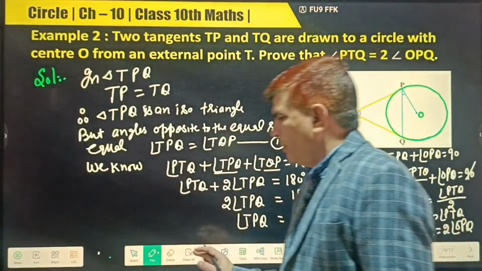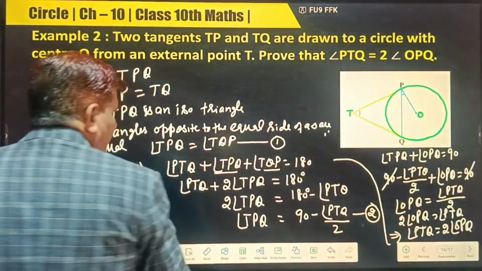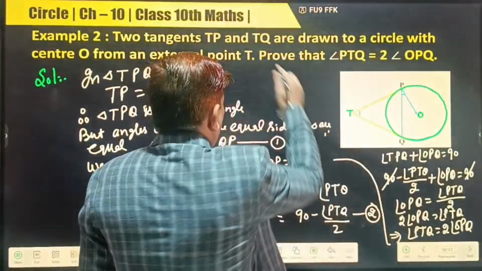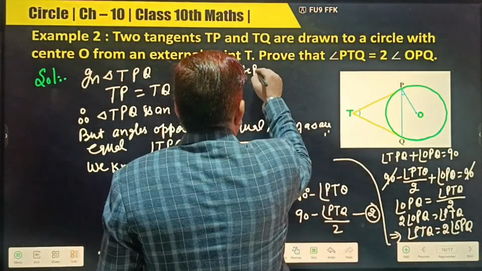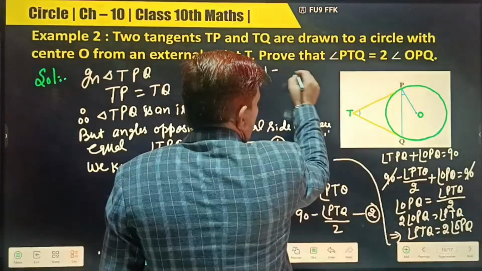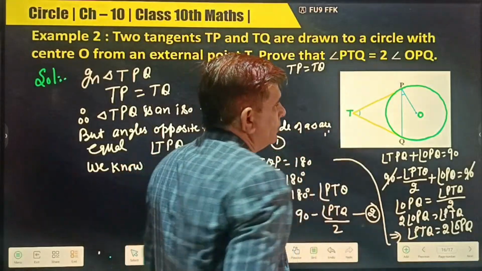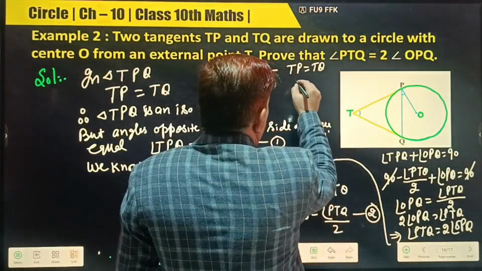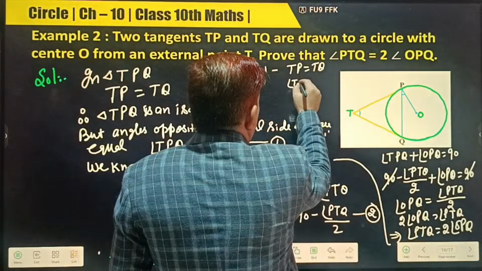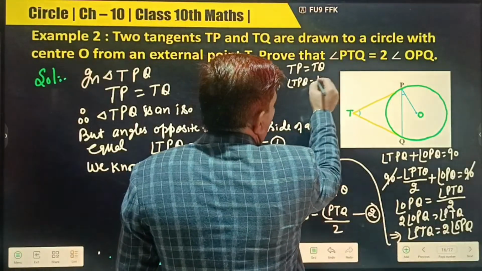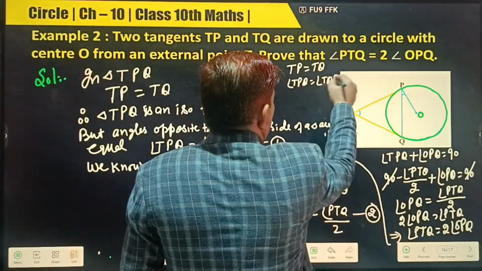So what's the major step in this question? Step number 1, we have to use the theorem TP equal to TQ. Next step, angle TPQ is equal to angle TQP.